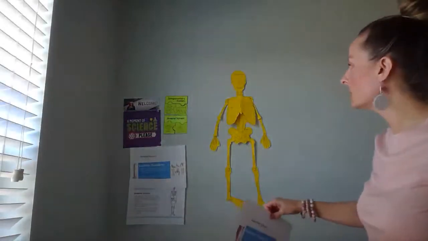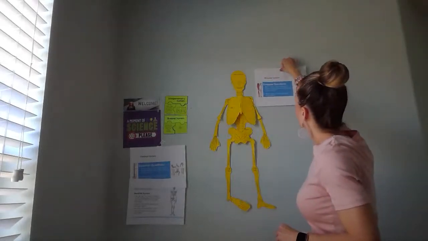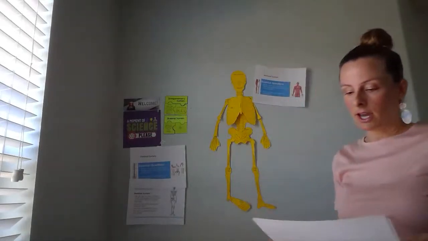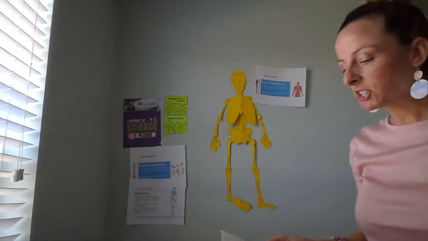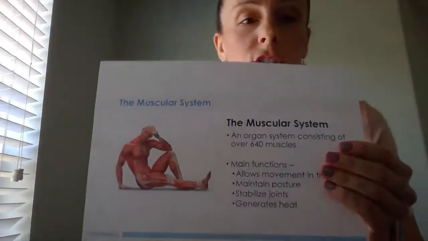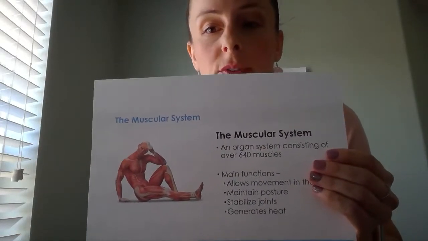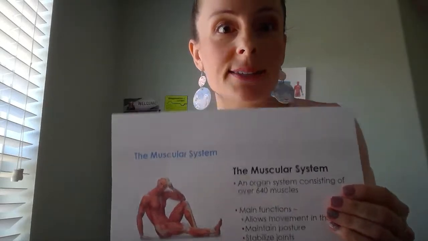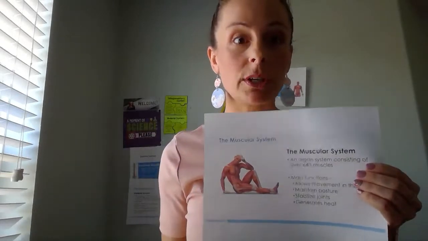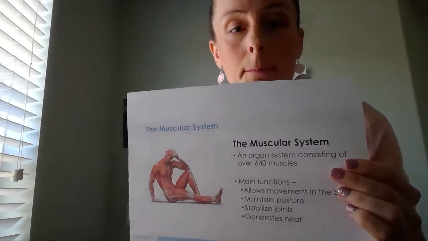Let's see. We are going to put this over here. All right, so the muscular system consists of over 640 muscles. So obviously, we are not going to build a muscle dude because 640 muscles, people, that's a lot of muscles, okay?